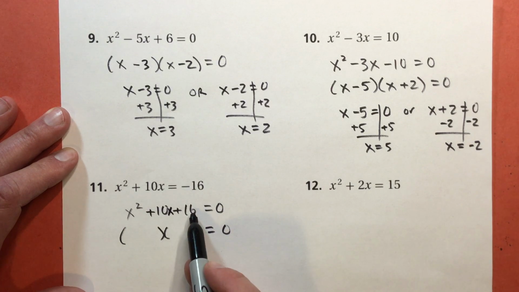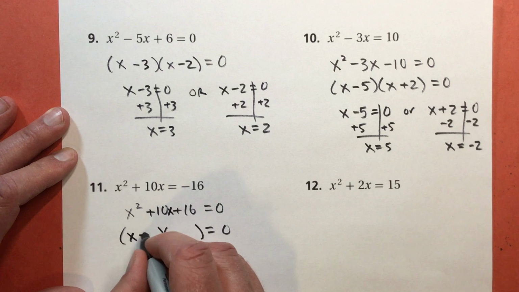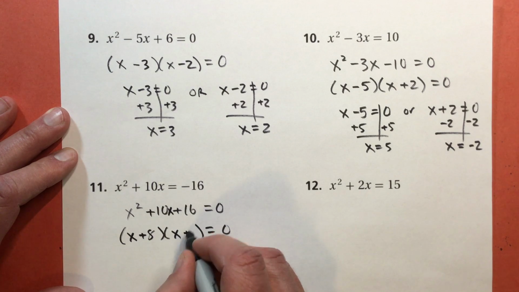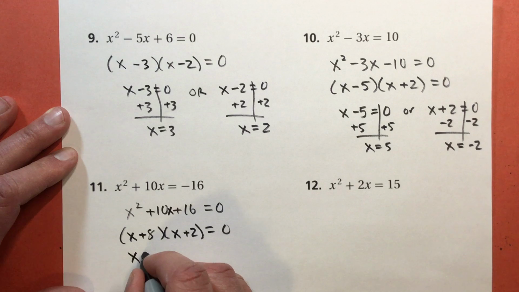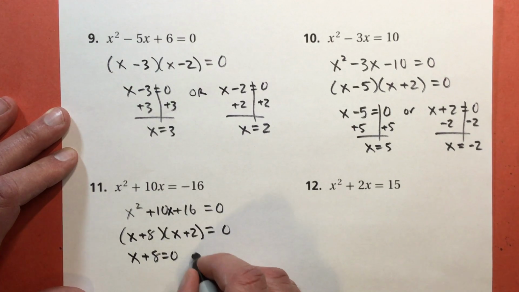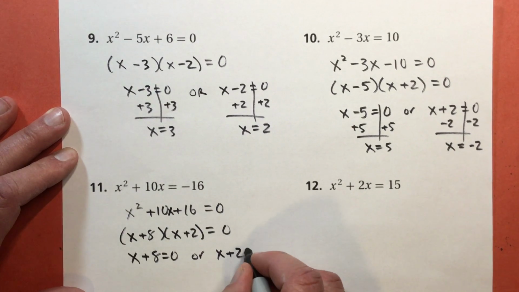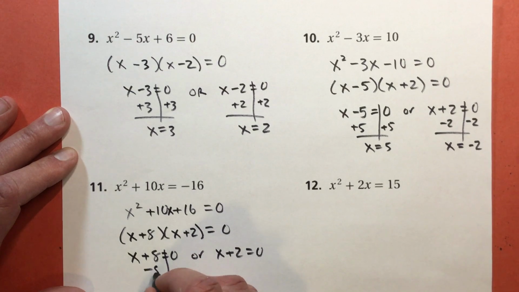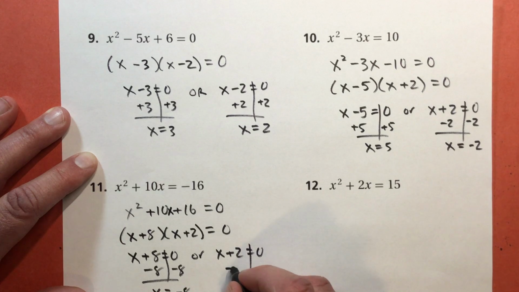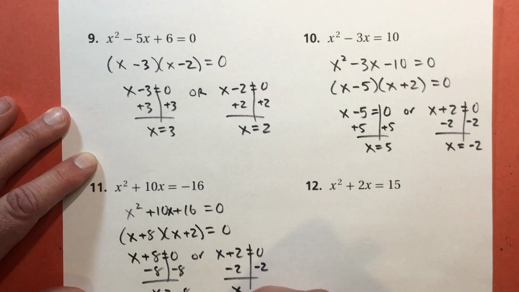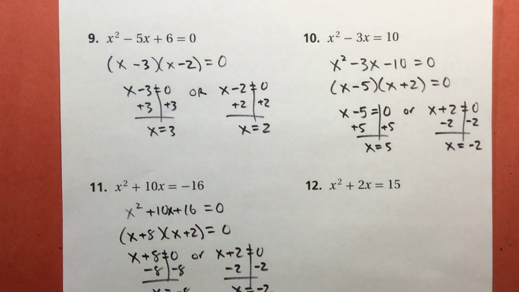I've got 8 and 2, so x plus 8, x plus 2. And now I'm going to use my zero product property to solve. There you go, just like that.